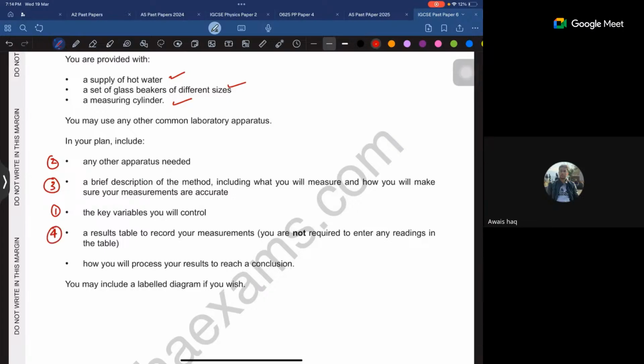And finally, we'll write about the conclusion. Okay. And there's a sixth point, which they never give you, but you have to write it. And that is any additional details. Additional details are like, how would you improve the experiment? And things like those.